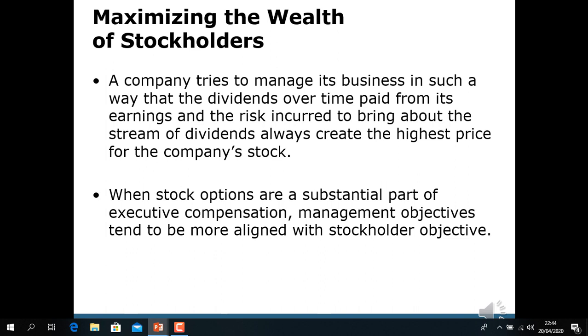In this slide, there is an explanation and illustration of business risk. First, for example, a company tries to manage its business in such a way that the dividends paid over time from its earnings, and the risk incurred to bring about the stream of dividends, always create the highest price for the company's stock.